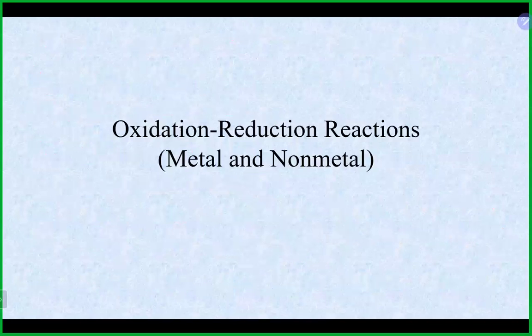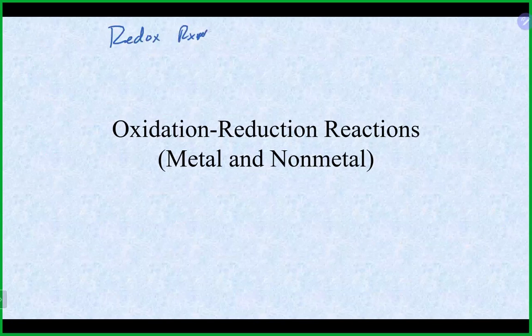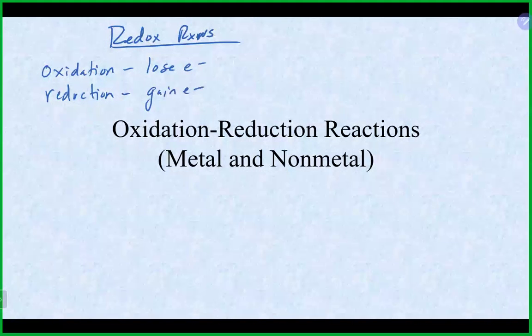Oxidation and reduction reactions, sometimes shortened to just redox reactions, account for those electrons being transferred. When something goes through oxidation, it means that it has lost electrons or will lose electrons. If something goes through reduction, it means that it has gained electrons.